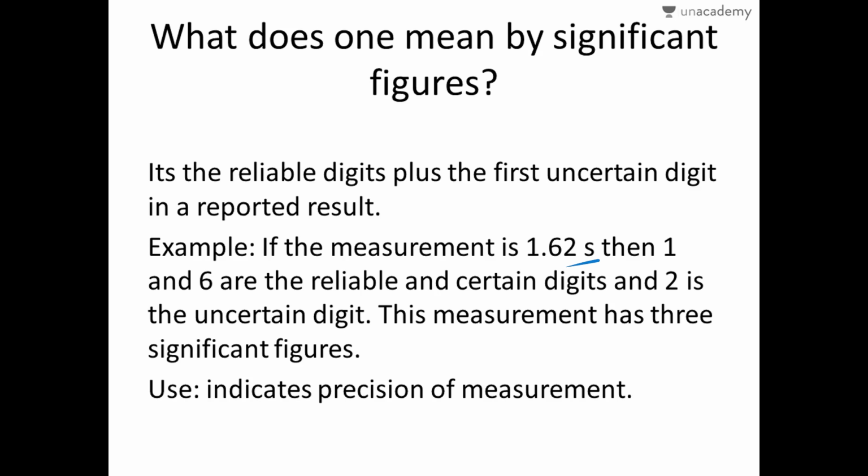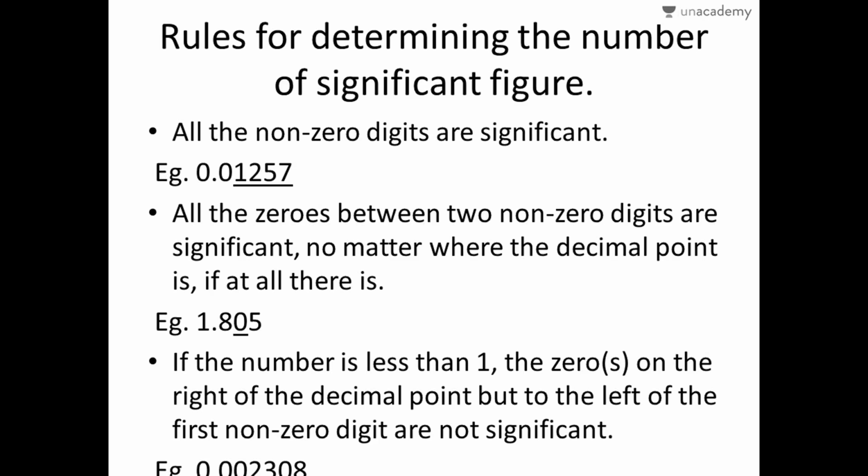How is significant figures useful? Well, as we said earlier, it indicates the precision of measurement, which depends on the least count of the measuring instrument. Now, what are the rules for determining the number of significant figures?